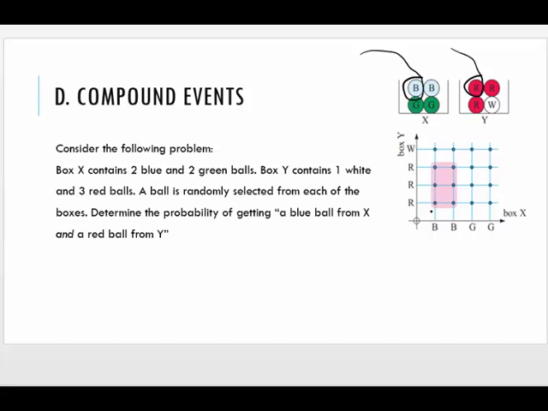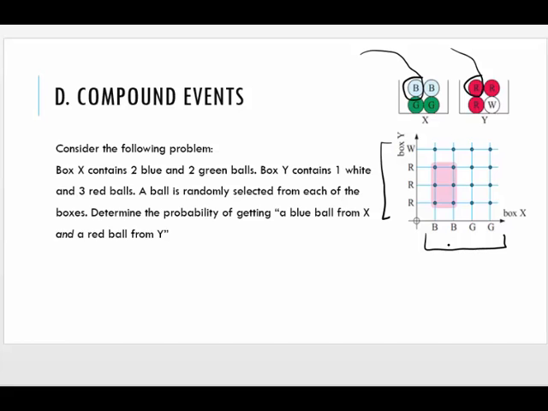Well, here's what they did here. They selected to use a 2D grid. And they wrote box Y on the side right here and box X on the side right here. Okay? Now the blue and the red occur a certain amount of times.